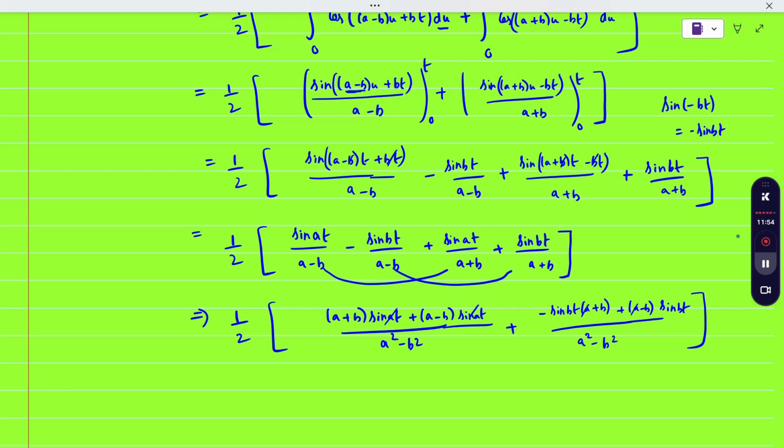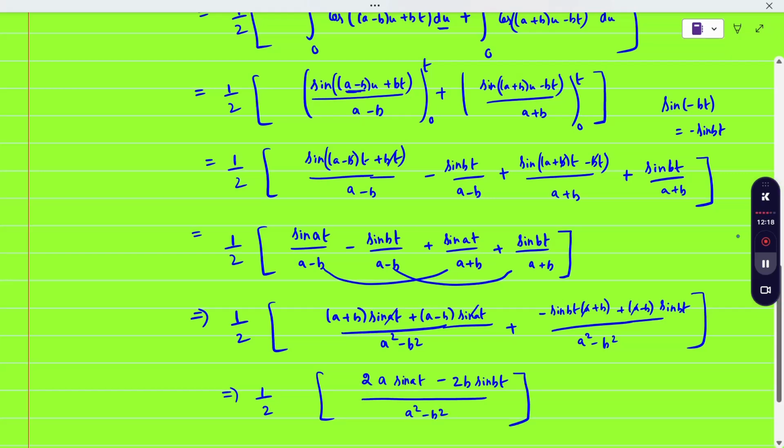So our final answer will be 1 by 2. Both are sine at, so this is nothing but 2 times a sine at, minus 2b sine bt, divided by a squared minus b squared.